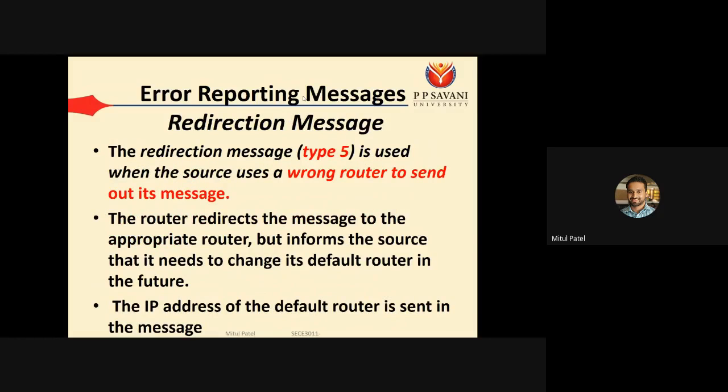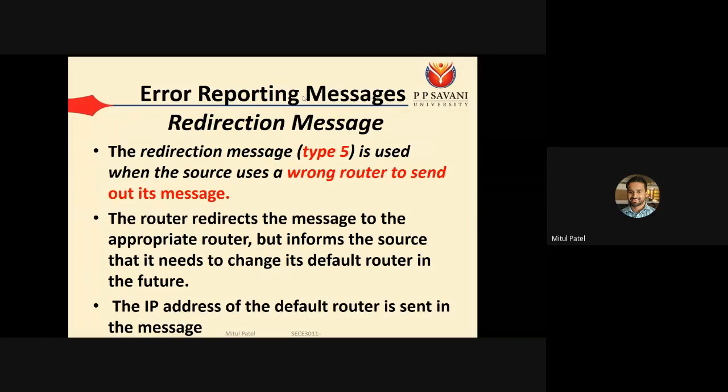The third one is the redirection message, used when the source uses the wrong router to send out its message. Suppose data has left the source and is forwarded to the default router. But if the IP address of the default router is wrong, we should inform the source that whatever data you have sent is redirected to some other router, but your actual router is this one.